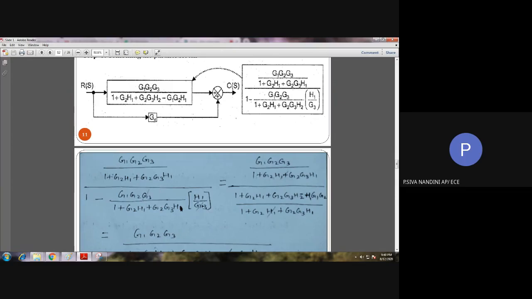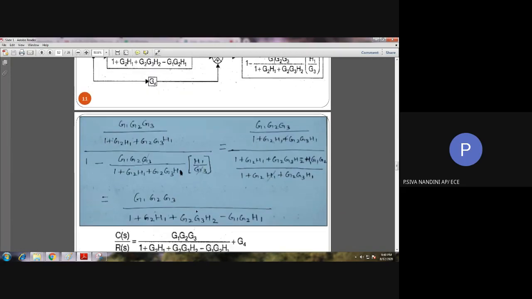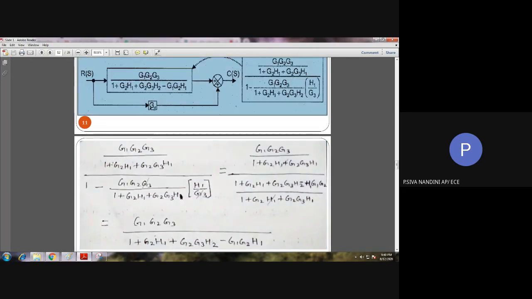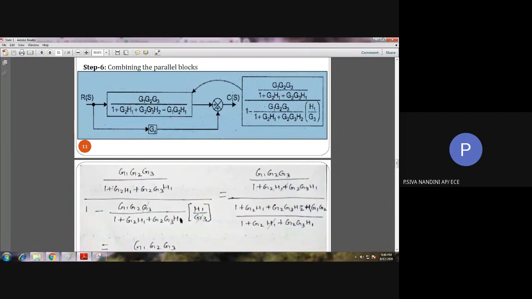So this G3 is cancelled. Okay. After that we are taking the LCM of the denominator. It will be like this. So again we are having a common term in the numerator and denominator cancelling, and we will be obtaining this equation. So this equation is substituted in this block given in step number 6.